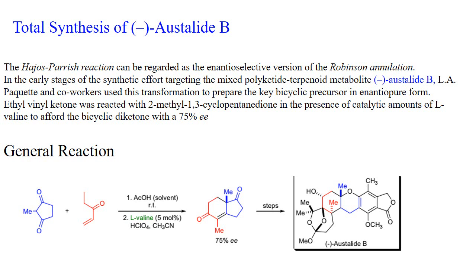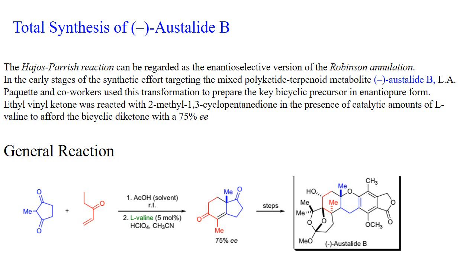It is obtained in 75% enantiomeric excess, and this is the intermediate which, after passing through various steps, is converted to an important polyketide terpenoid metabolite, that is acetaldehyde B.